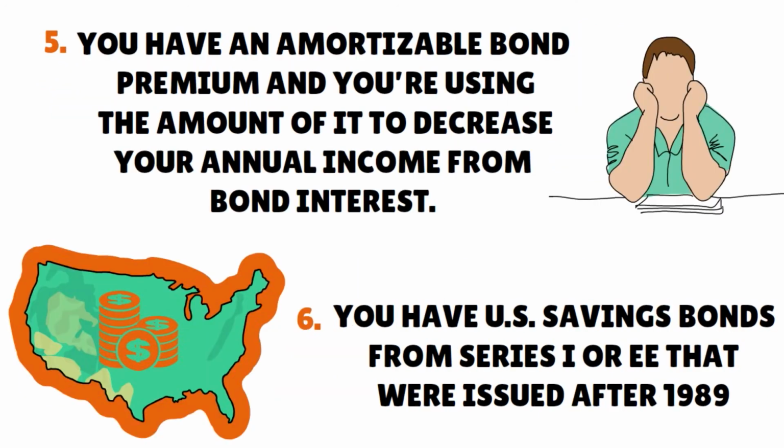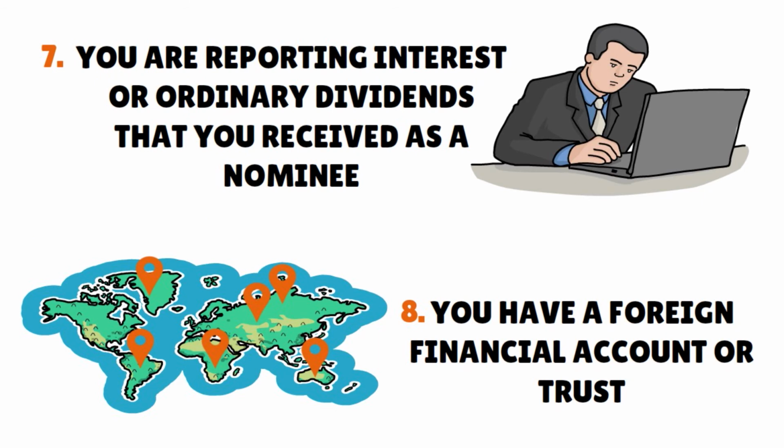You have an amortizable bond premium, and you are using the amount of it to increase your annual income from bond interest. You have U.S. savings bonds from Series I or EE that were issued after 1989, and you are planning to exclude the interest from your income. You are reporting interest or ordinary dividends that you received as a nominee, and you have a foreign financial account or trust.